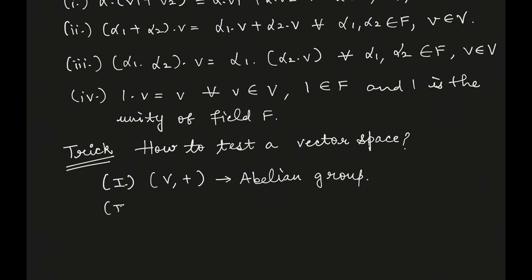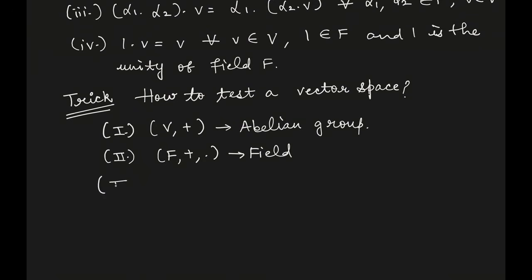Second property, F with respect to plus and dot should be a field. Third property, V cross F is mapped to V again. Fourth property, those last four properties.